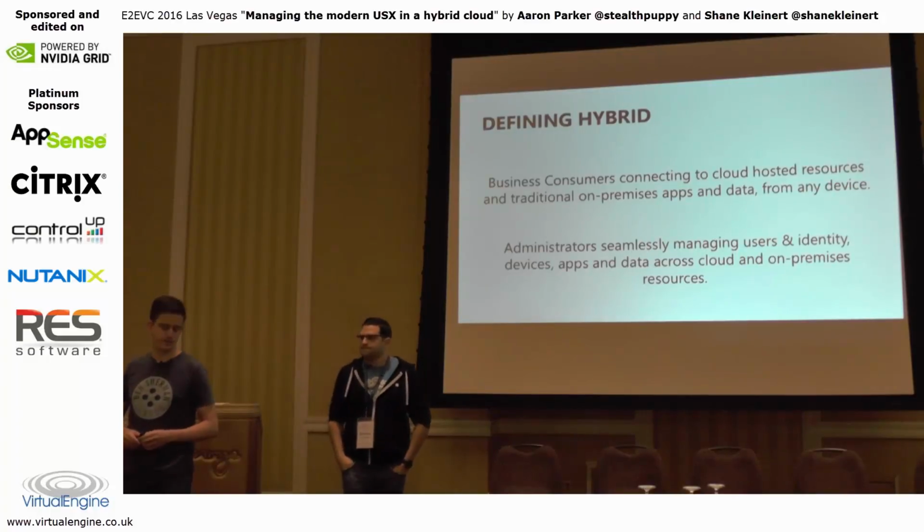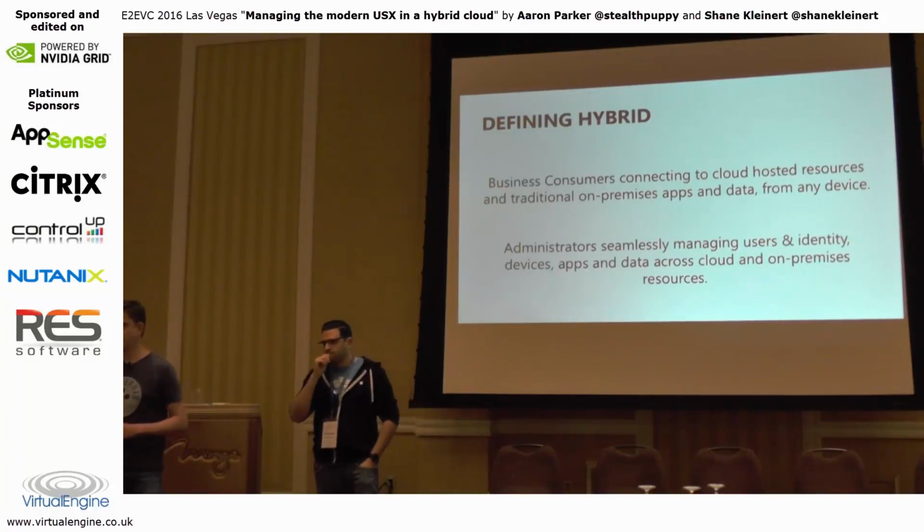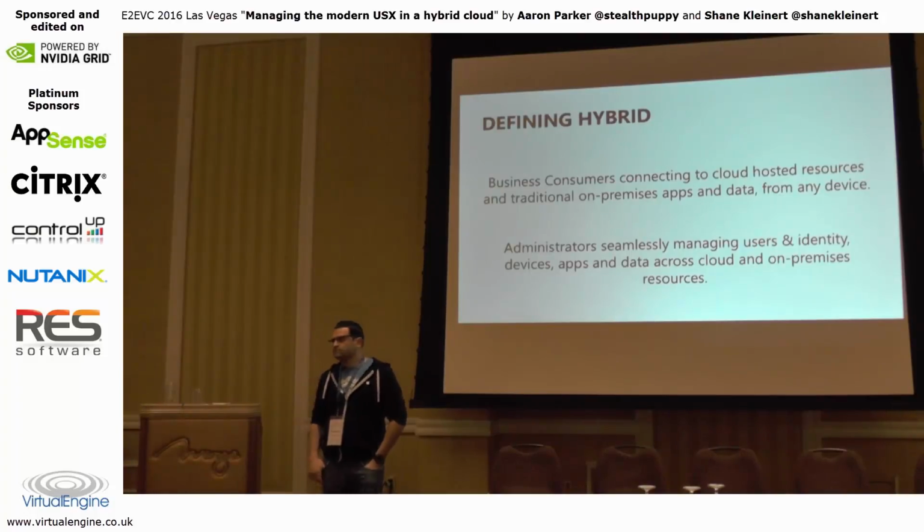If you are a greenfield environment, and I'm working with a customer at the moment where the only things they're going to have on-prem are physical PCs and routers, all their management's done in the cloud. But if you are in that migration mode, you need to be able to manage, especially identity, on-prem and cloud identity in the same manner.